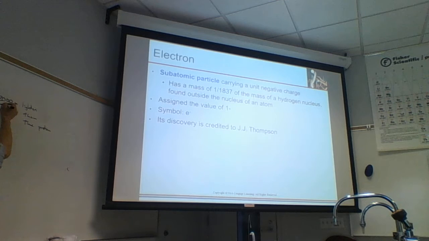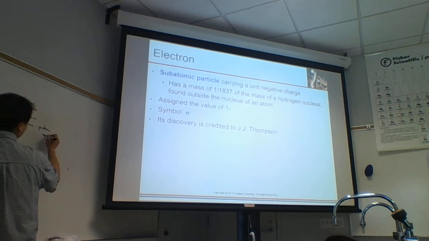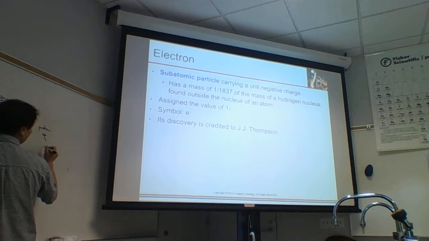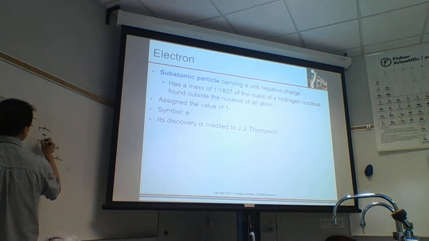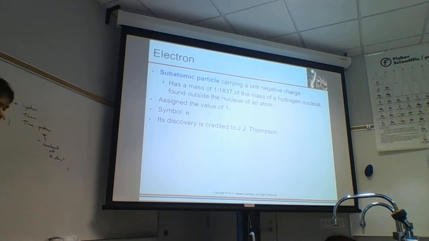Actually, not 2,000, it's actually 1837. And the proton is a subatomic particle as well, but this is actually the nucleus of the H atom. The nucleus of the H atom is a proton.